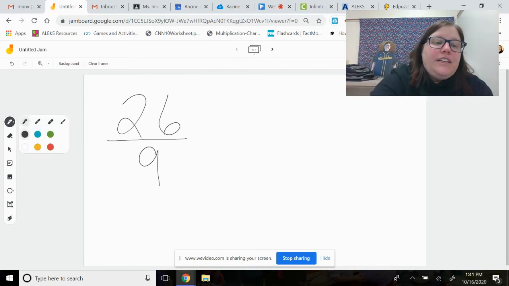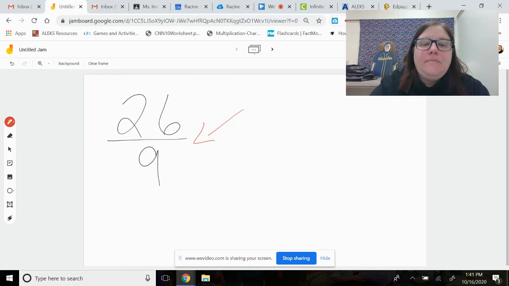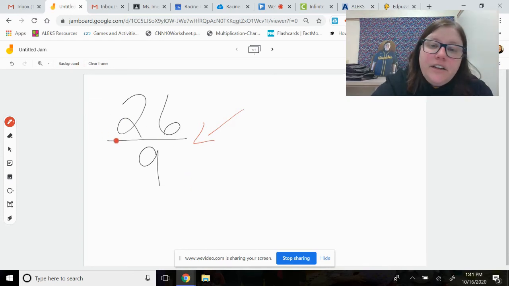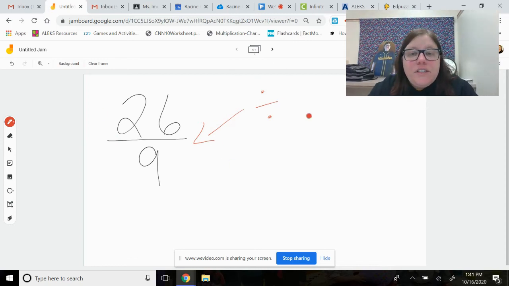This bar right here, my fraction bar, is called a fraction bar, but it is also meant to represent division. So this line literally means to divide. And if you notice, the division symbol kind of looks like a fraction.